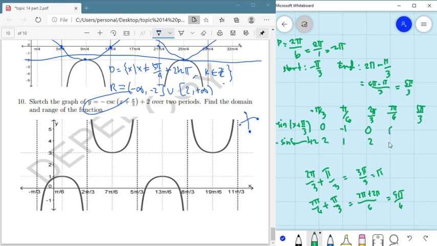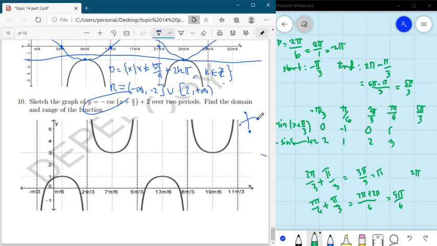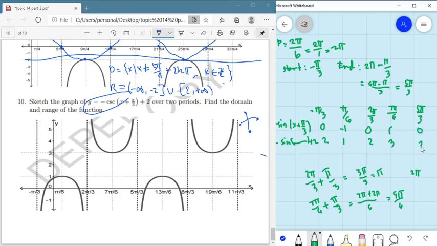Positive 1 plus 2 is 3. And then, 5 pi over 3 plus pi over 3 is 6 pi over 3 or 2 pi. So, at 2 pi, it is 0.